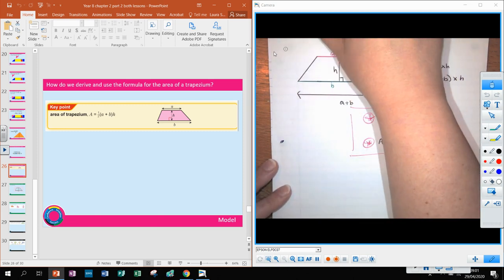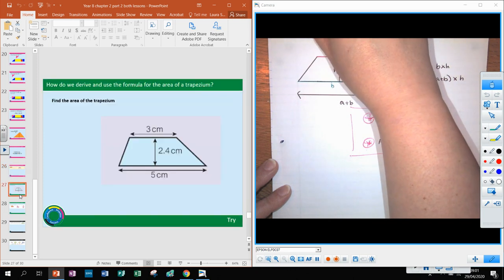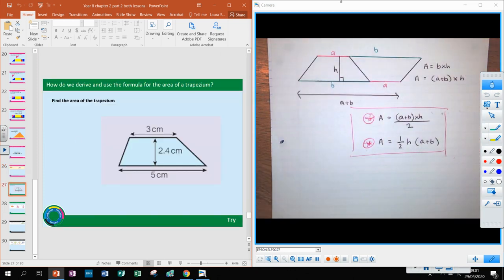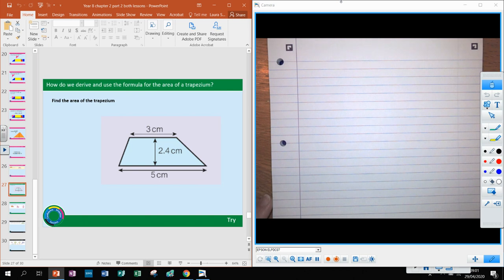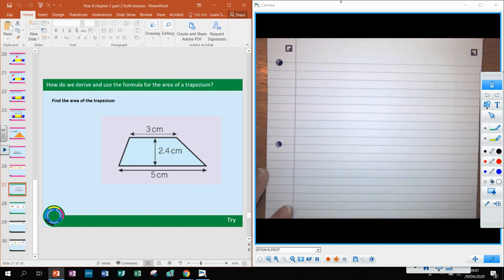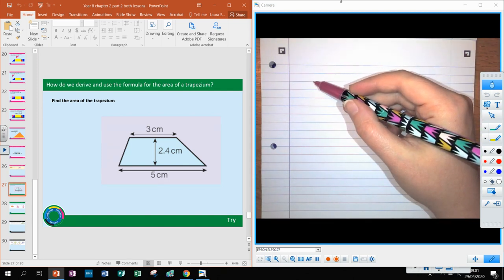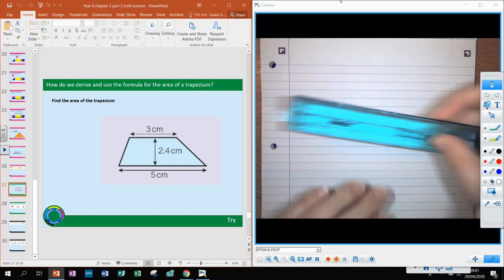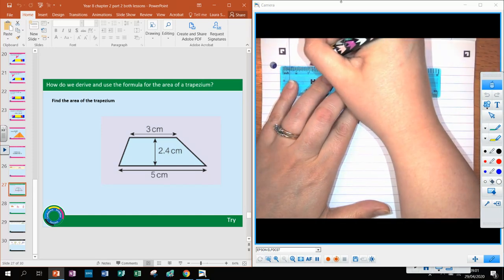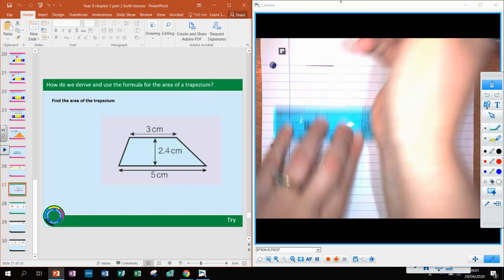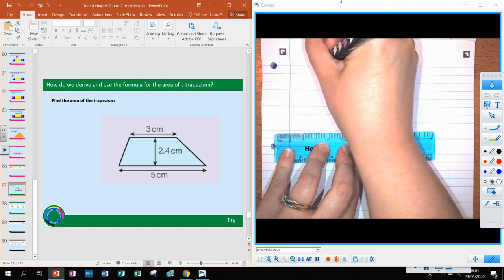Okay? All right, so we're going to try a question to see if we've understood that. We're going to do this one together. Right, so here we have our trapezium. Okay, they told us that this side is 3 centimeters.